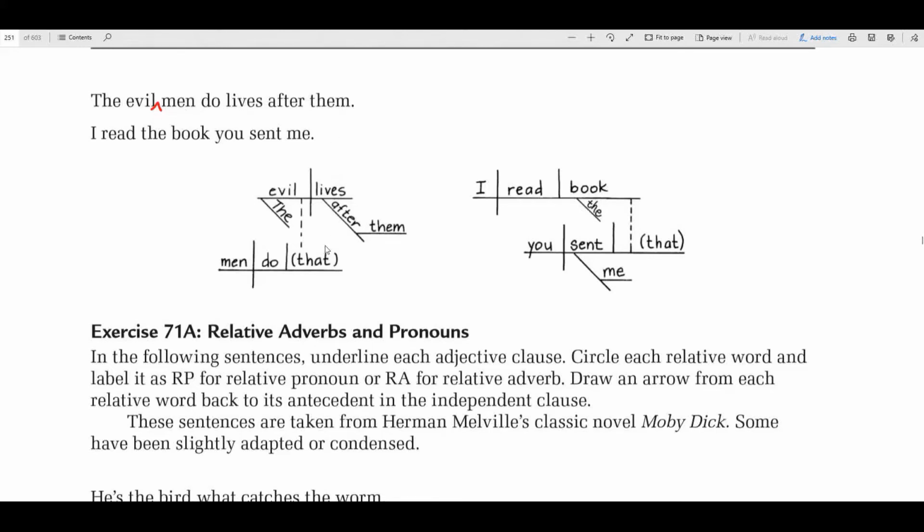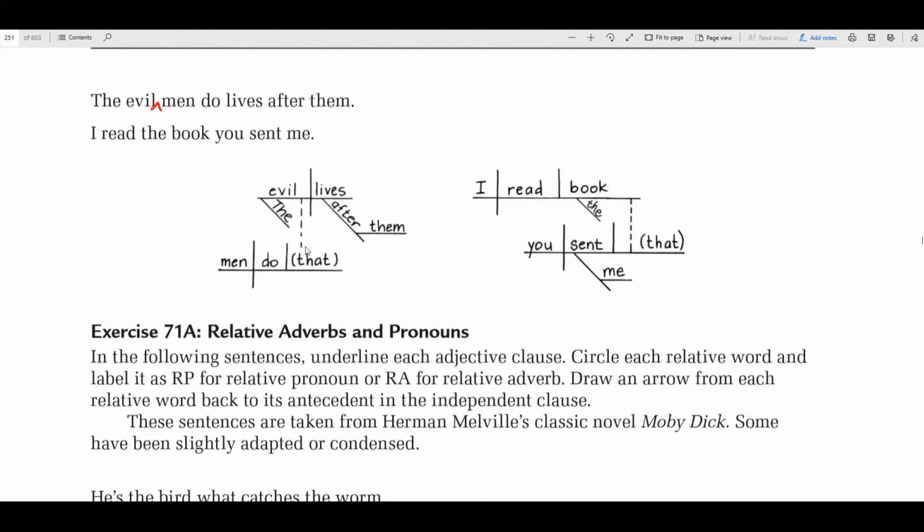Okay, so here's how they would diagram that. Now, in today's time, you can also use the word which. So the evil which men do or the evil that men do. Which or that, either way, it doesn't matter. But they're going to diagram the evil lives after them, because after them is a prepositional phrase.